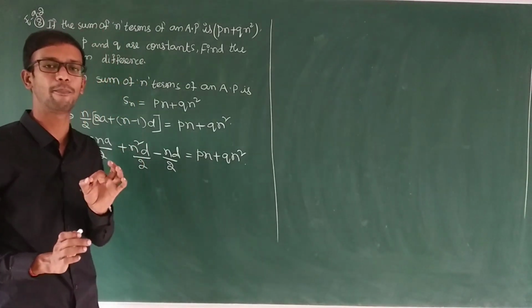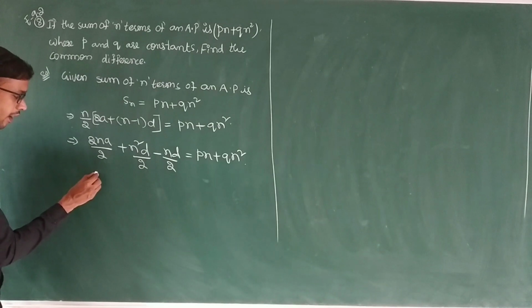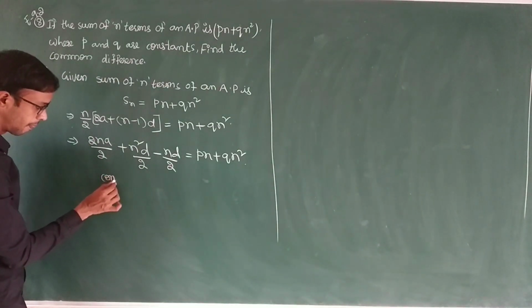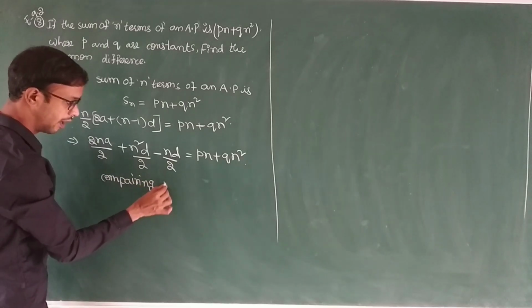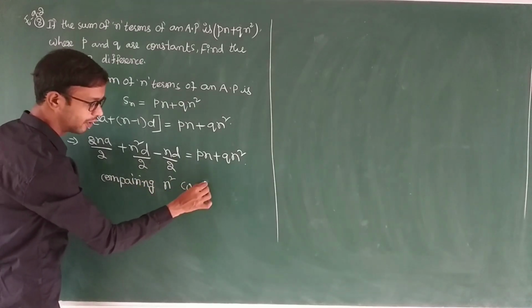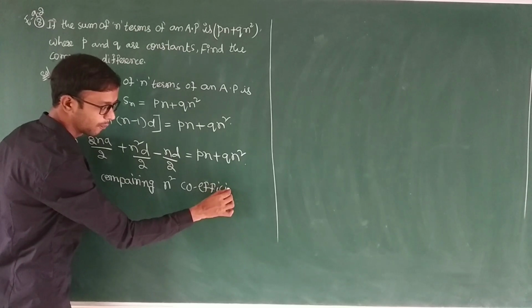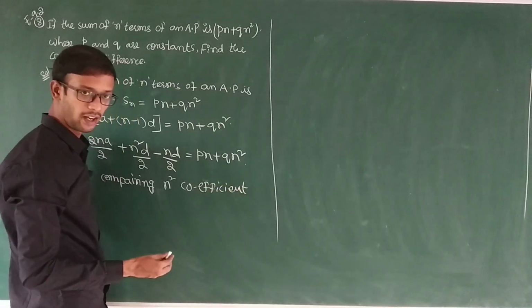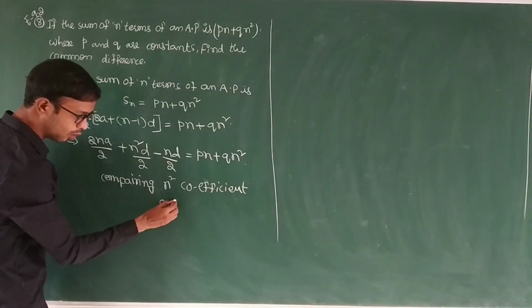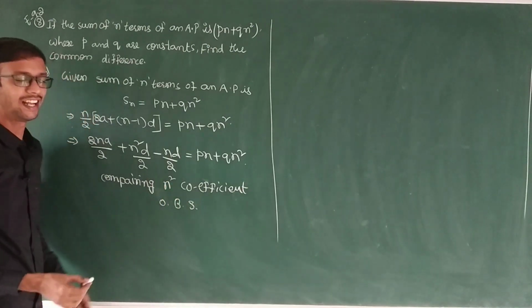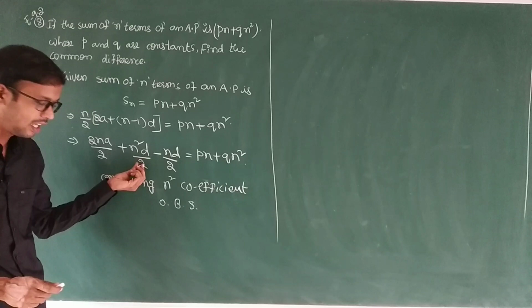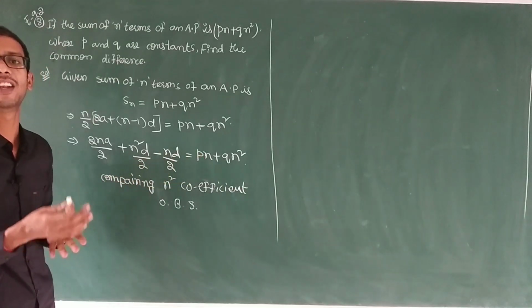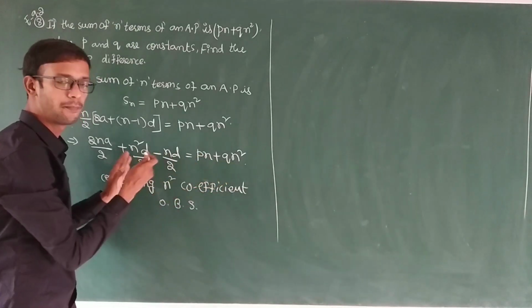Here I compare only the n square coefficient, because d is there, so for finding the d value we compare on both sides.